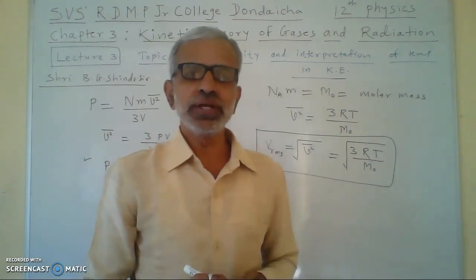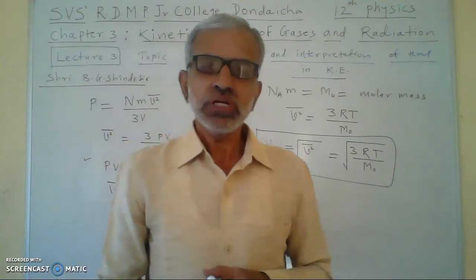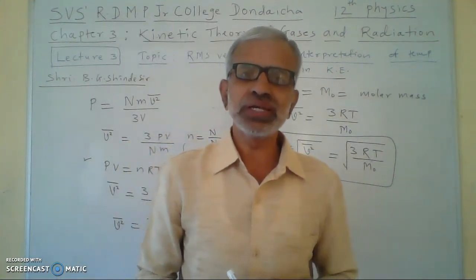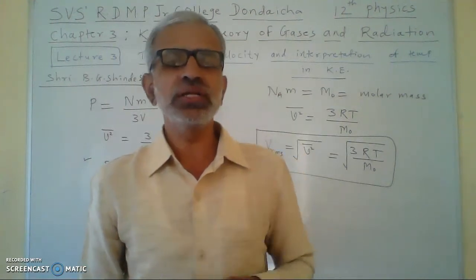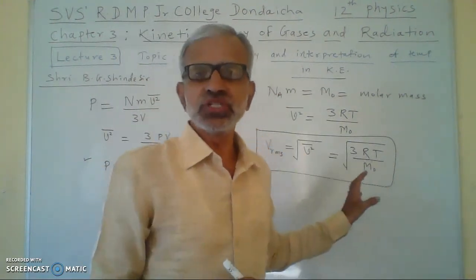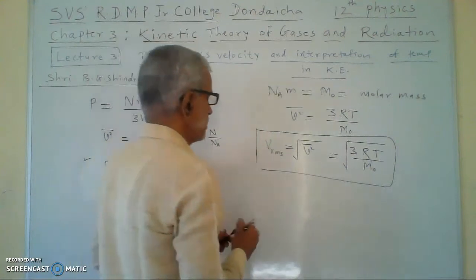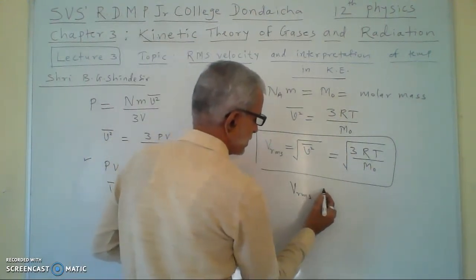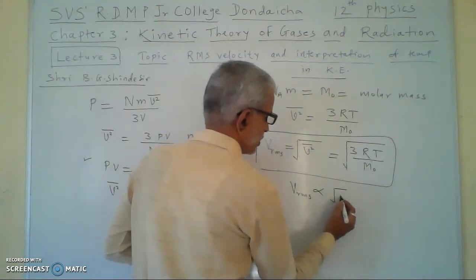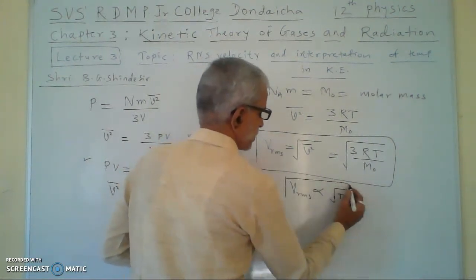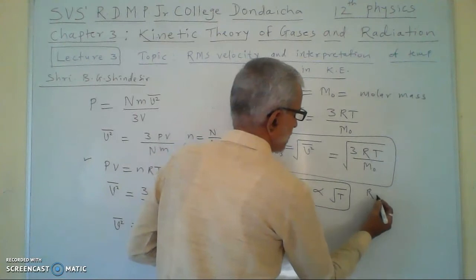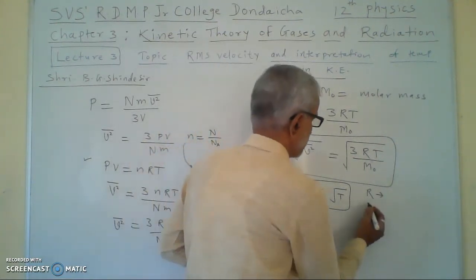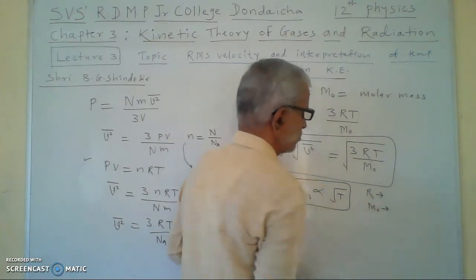You can determine the RMS velocity of oxygen, the RMS velocity of nitrogen, of all real gases by using this formula. From this formula you can also write VRMS is directly proportional to under root of T, because here R is a universal gas constant, a constant value, and M0 is the molar mass.